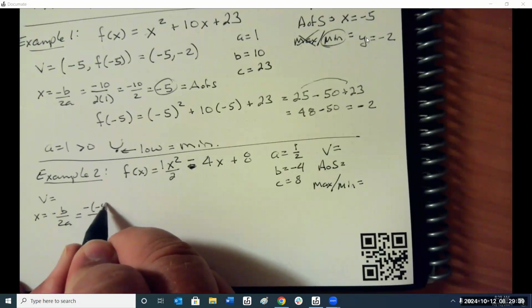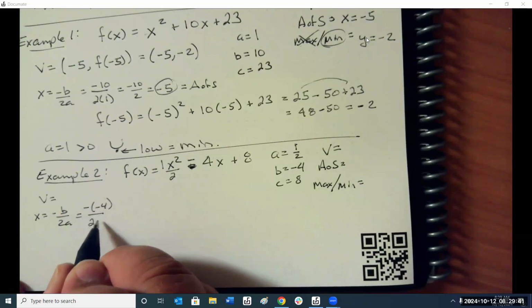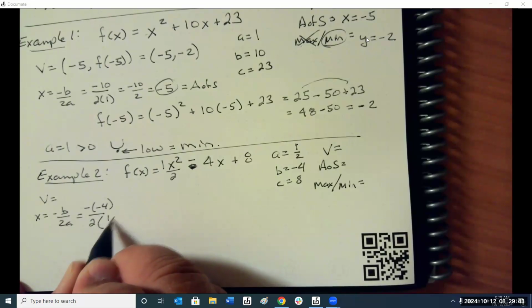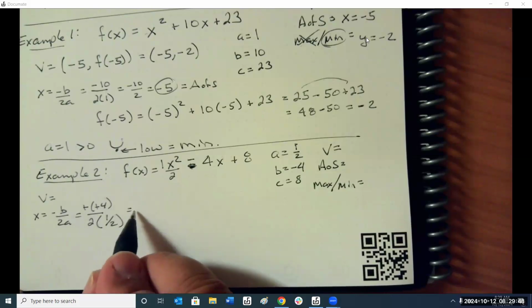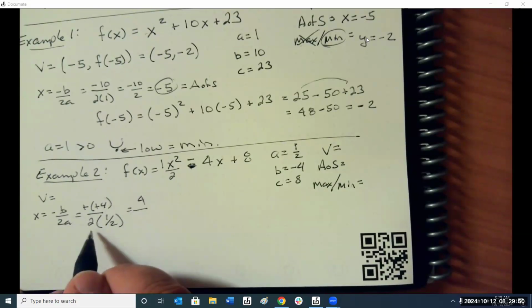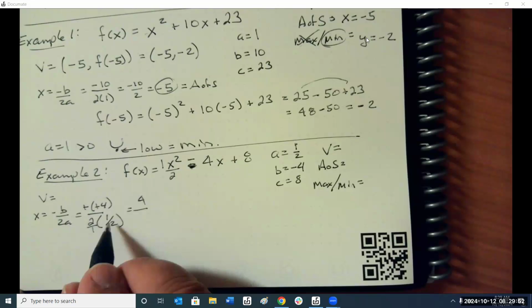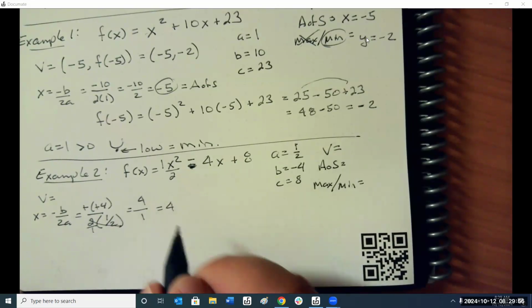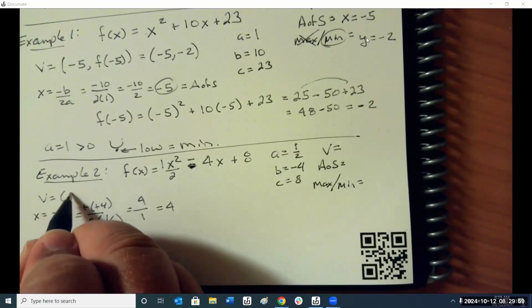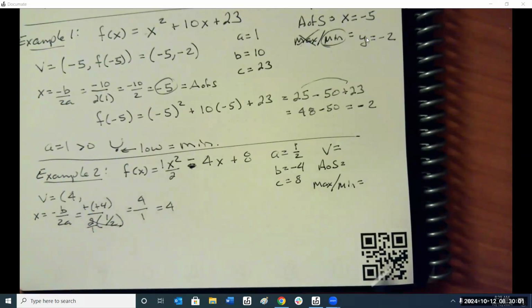Negative of -4 over 2 times 1/2. Negative and negative cancel. That gives us 4. 2 over 1 times 1 over 2, the 2's cancel, so we just have 1. So the x component, the axis of symmetry, is 4.